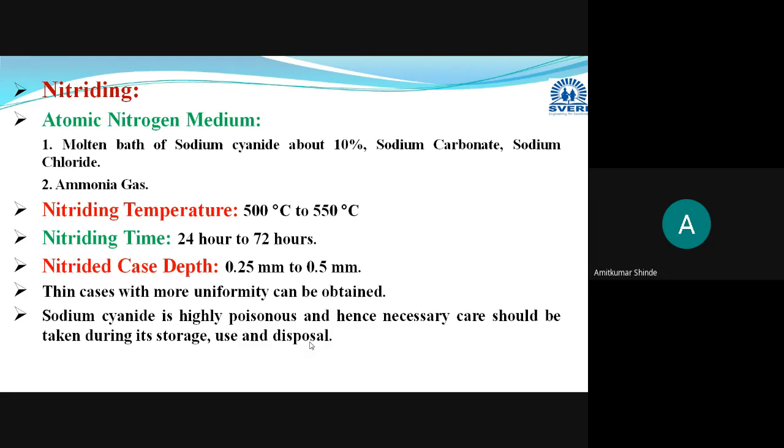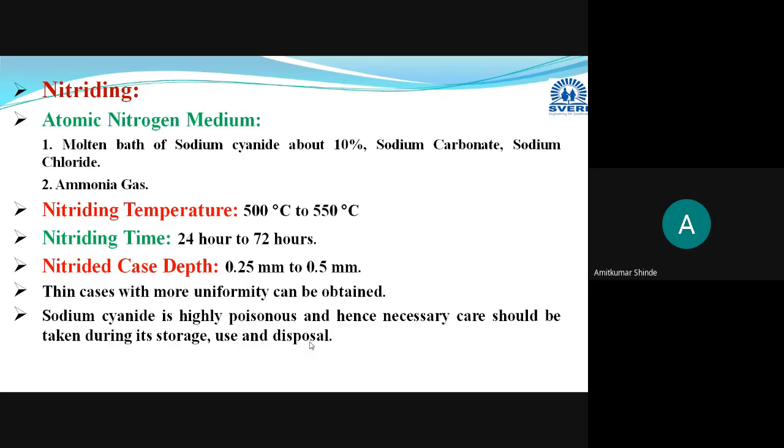After that, the component is taken out from the furnace and cooled. You can use a water medium or an oil medium for cooling, depending on the type of steel. At the end you get a nitrided case on the surface, and its hardness and wear resistance will be improved. In this way nitriding heat treatment is completed.